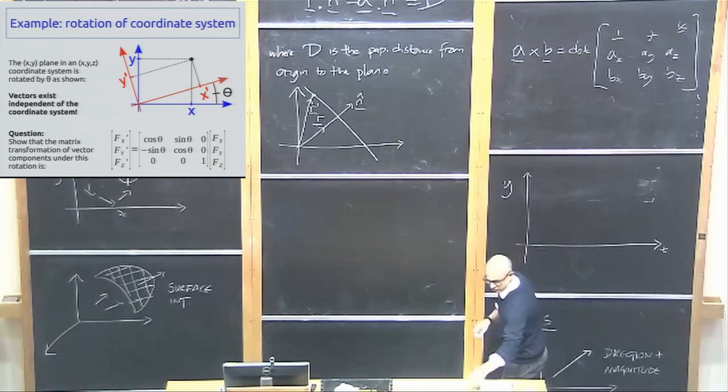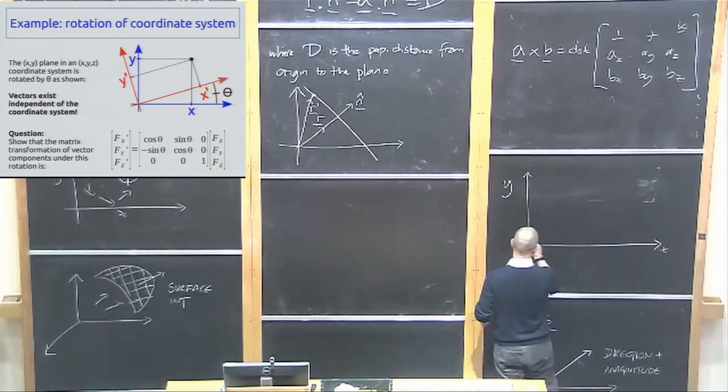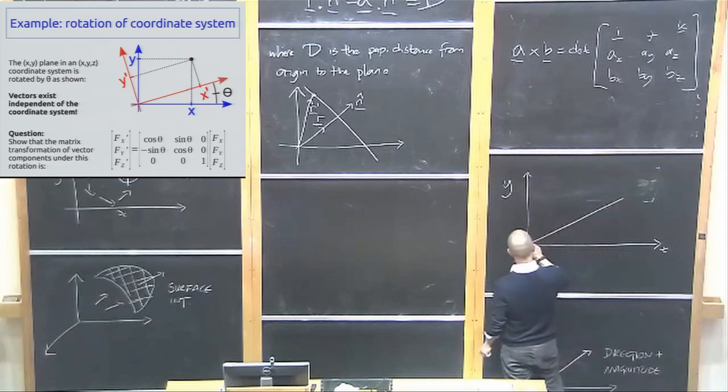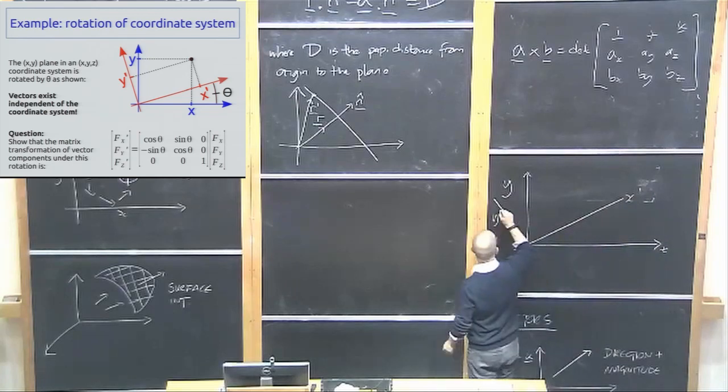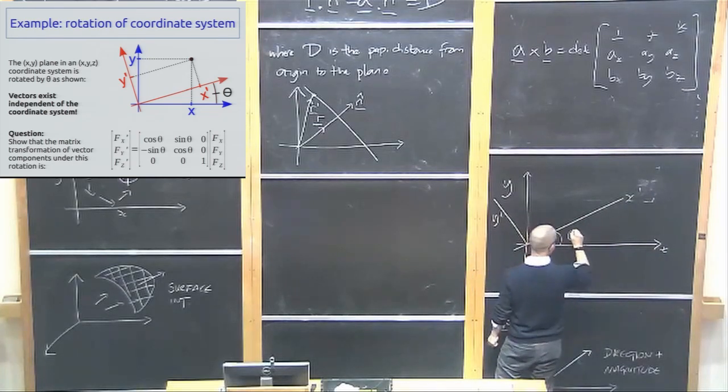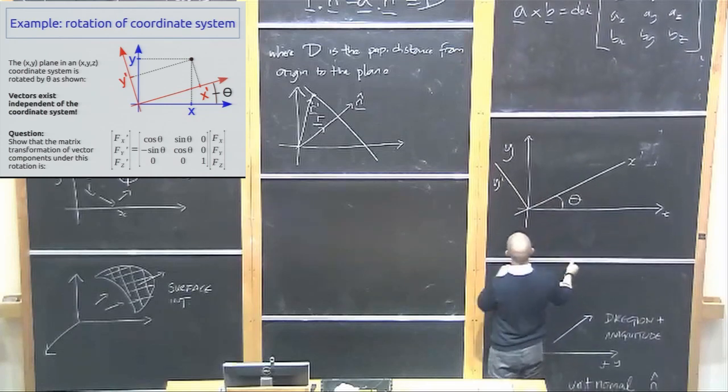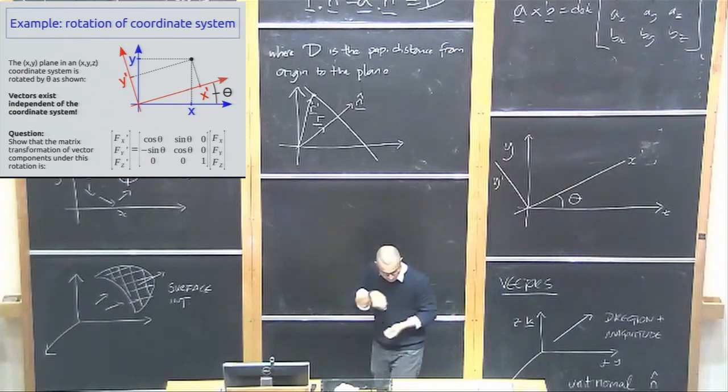So I now rotate my coordinate system such that I have axes x prime and y prime. And I've rotated my x and y coordinate system through some angle theta.